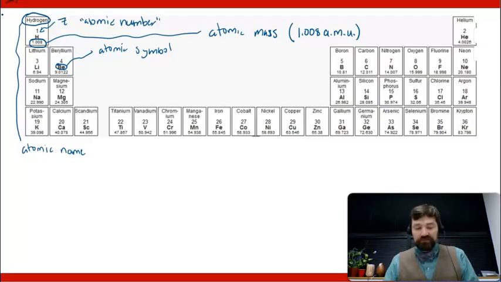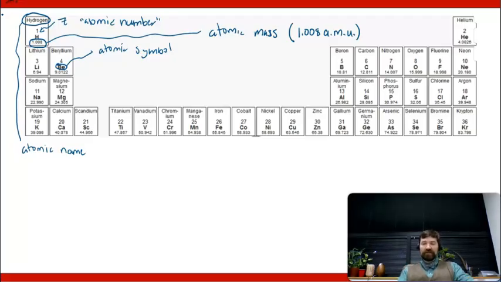And what the mole does for us, the mole is a sort of macroscopic quantity of whichever element we've chosen, such that we get a macroscopic amount of mass. 1.008 atomic mass units is, I won't say immeasurably small.